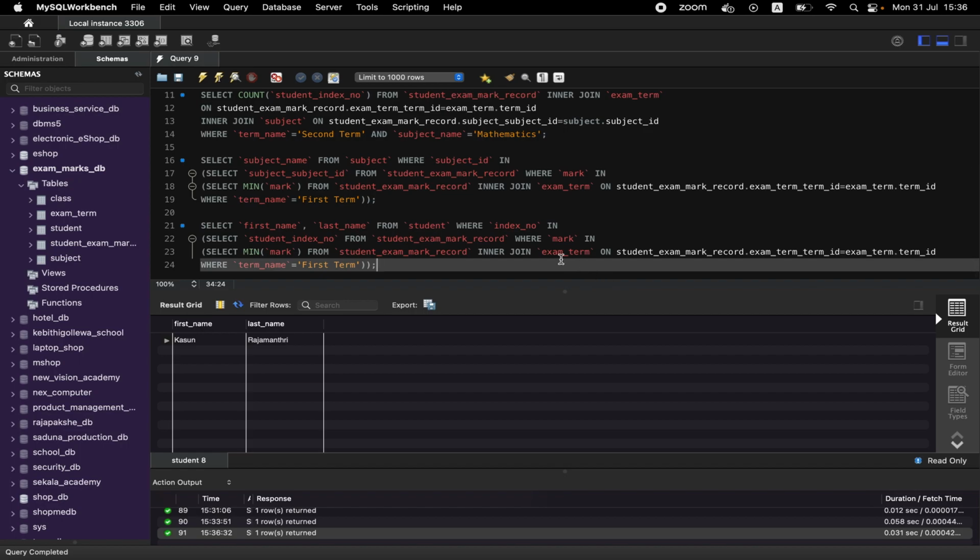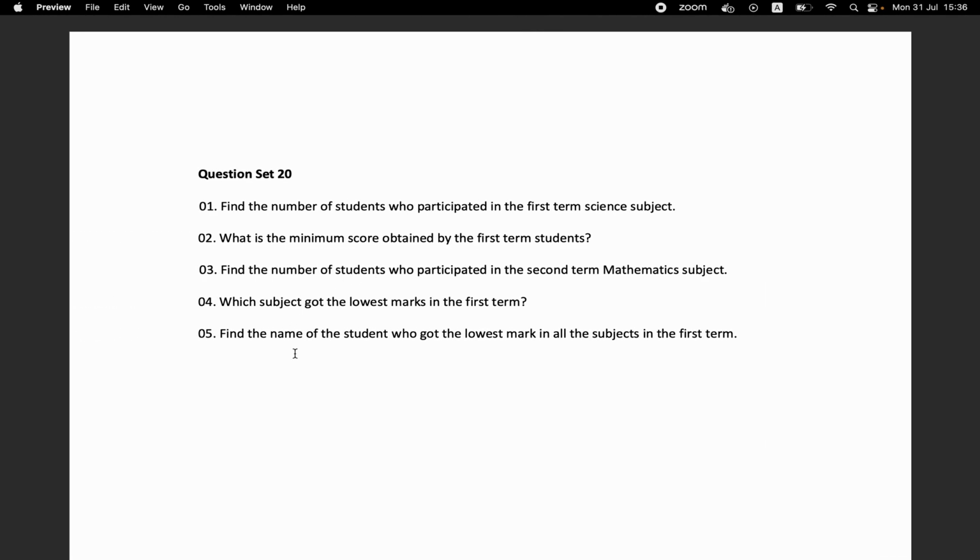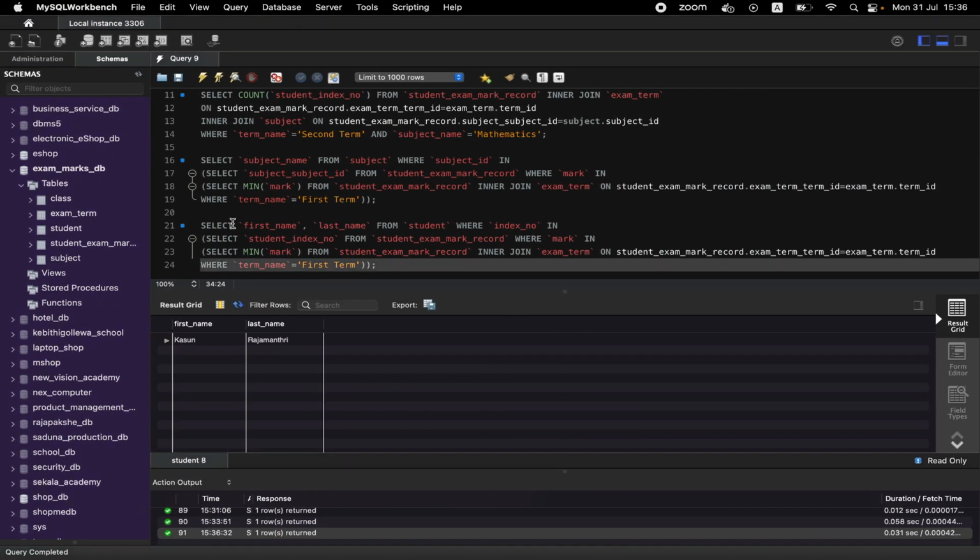The student is Kasun Rajamantri. So here also, same as the one I wrote previously, select the first name and the last name from the students, because it asks to find the name of the student. And to get the index number, we are writing a subquery: select the index number from the student exam mark records where mark is the minimum mark.